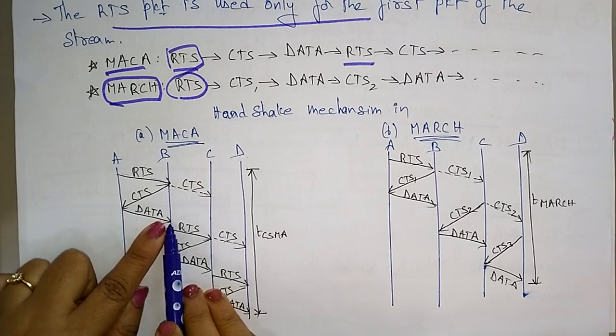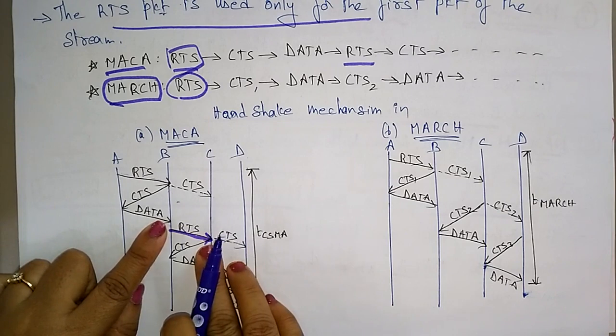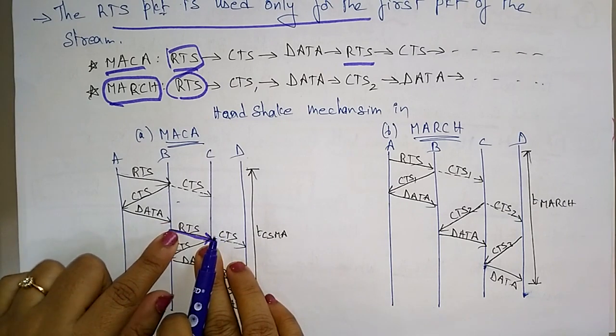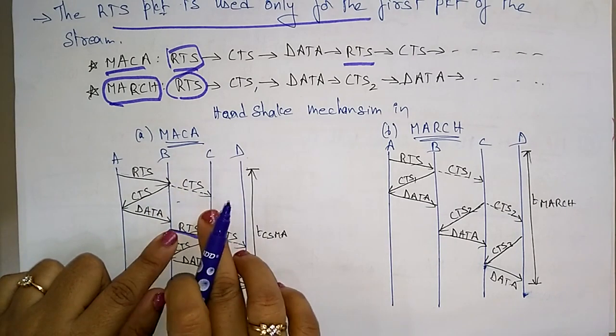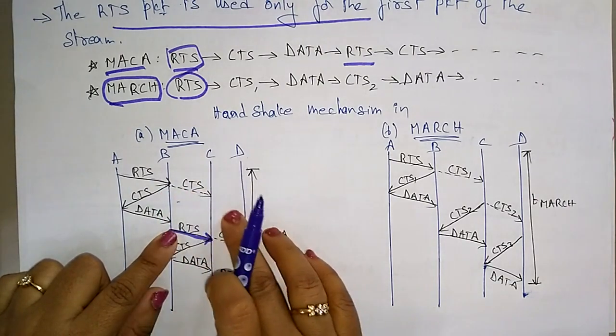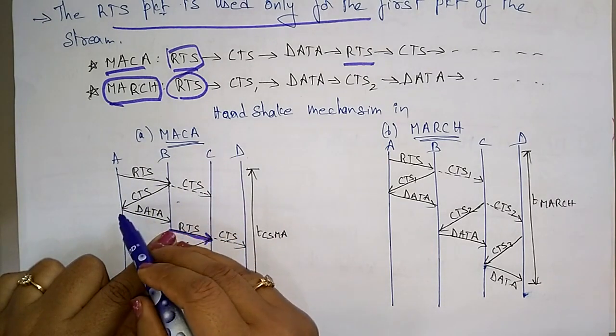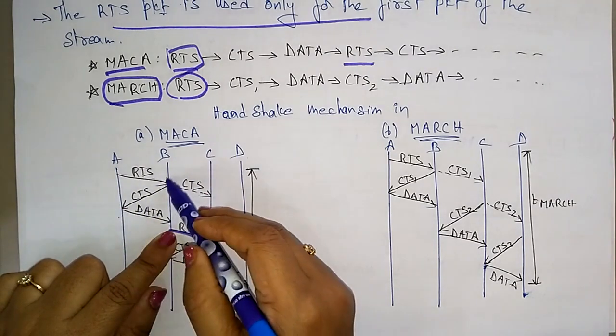After sending the data, now B is ready to send the request to send. Why is it sending to C? Because previously it wanted to send data to C, but it acknowledged A, so it was busy with A. Now B sends the request to send, C sends the clear to send, and next B sends the data.